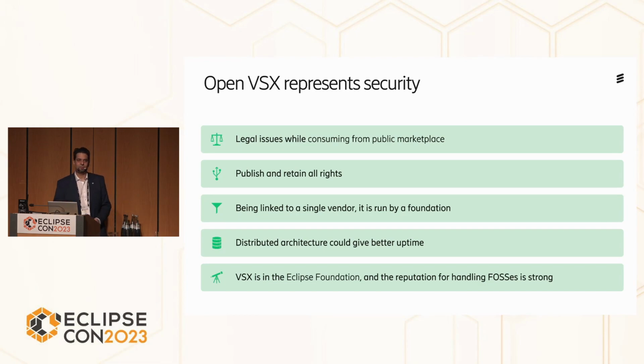So this is the most important slide for me. Why does Ericsson want OpenVSX? OpenVSX represents security. This is what I was building up to. Security isn't about being hacked or pwned. If you have a non-compliant license, what happens?